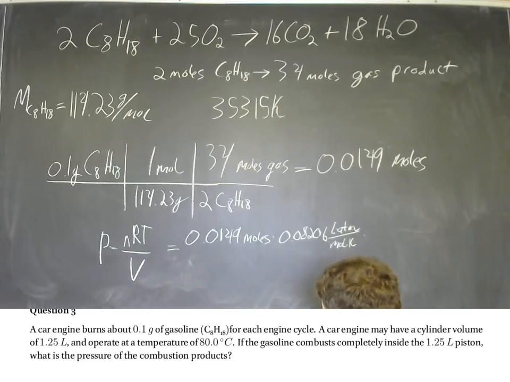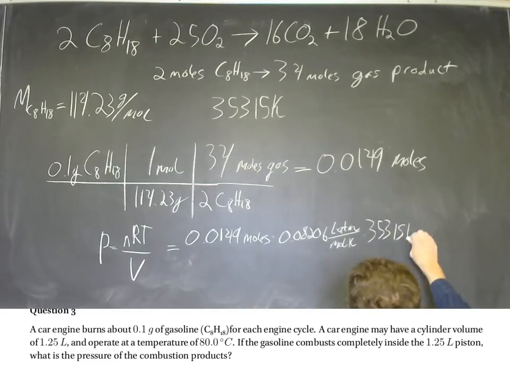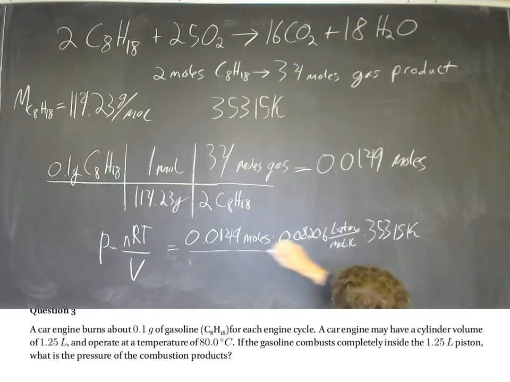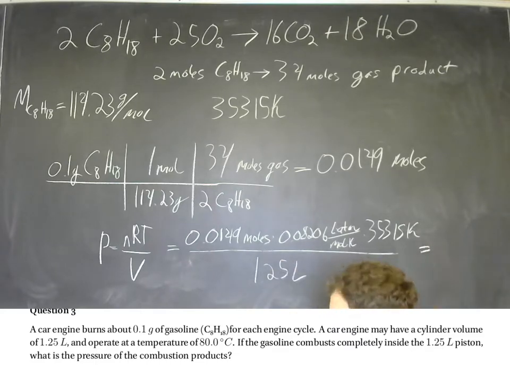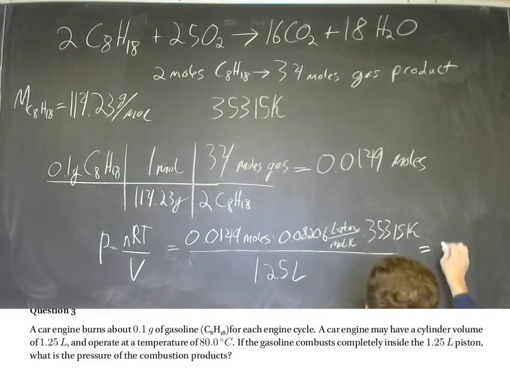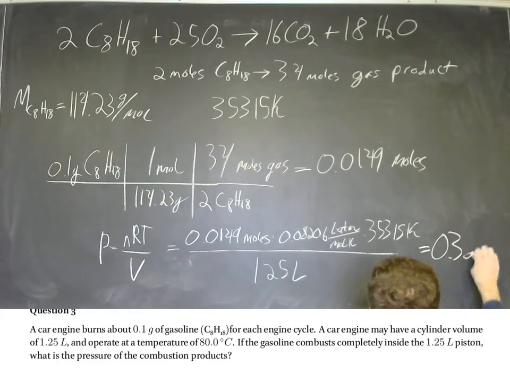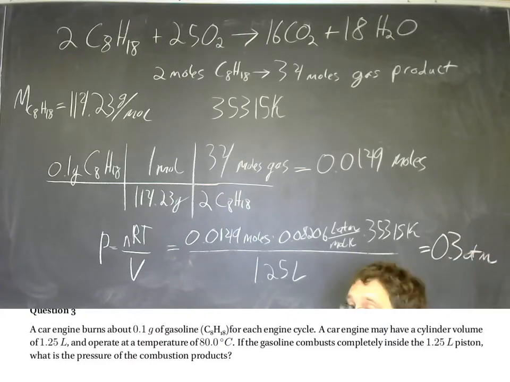And the temperature of 353.15 Kelvin. All of this over that volume of 1.25 liters. And this, we only have one sig fig for the 0.1 gram, and this is going to be 0.3 atmospheres.